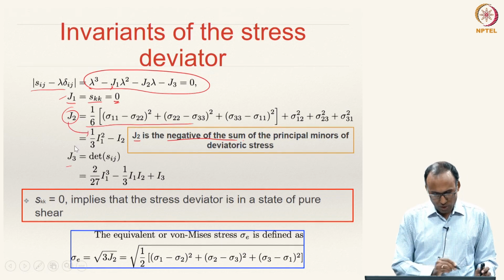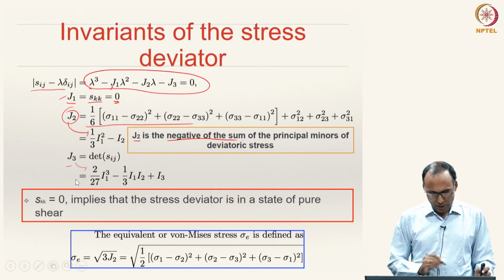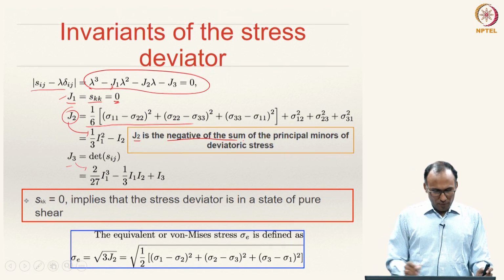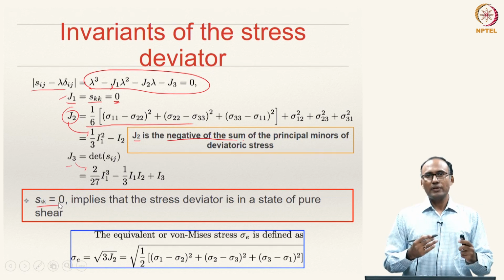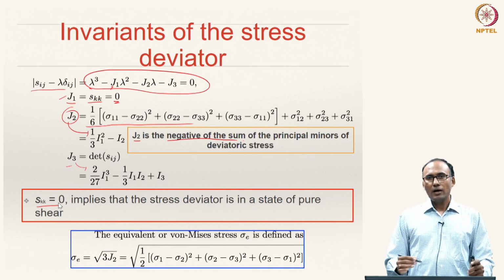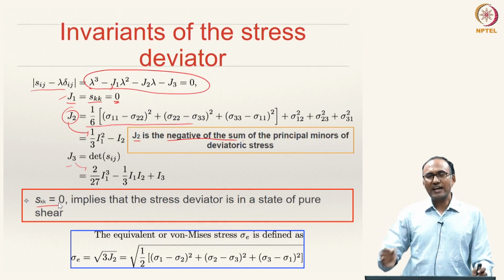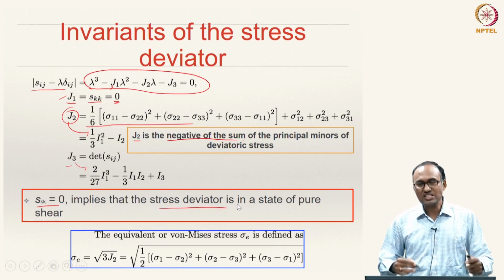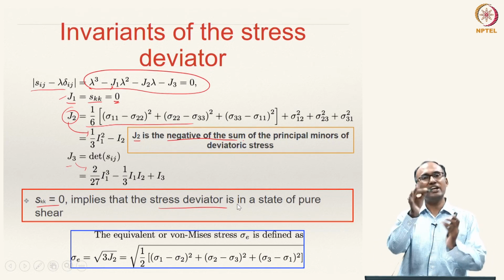J2 can be related to I1, I2 and J3 can be related to I1, I2, I3. All right. So, SKK is equal to 0 means the trace, the volumetric part is 0, which actually means that the stress deviator is in a state of pure shear, because it is only creating distortion.